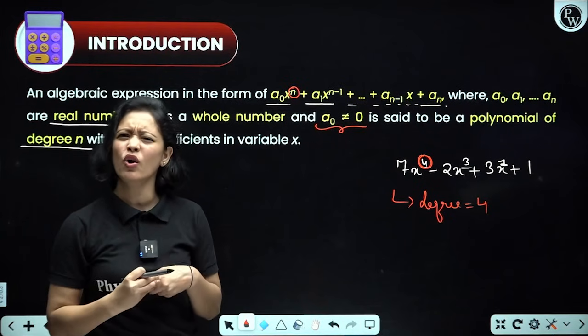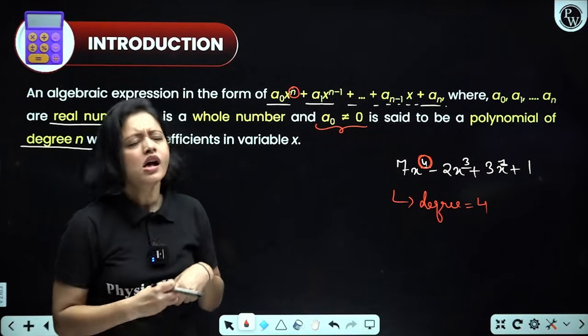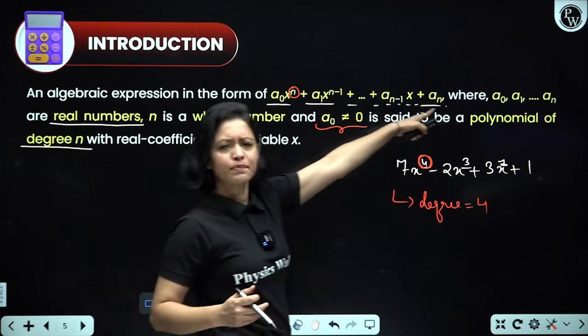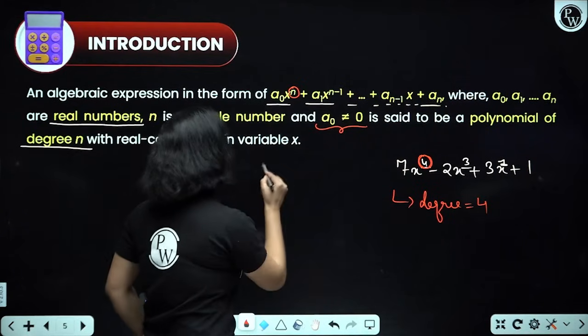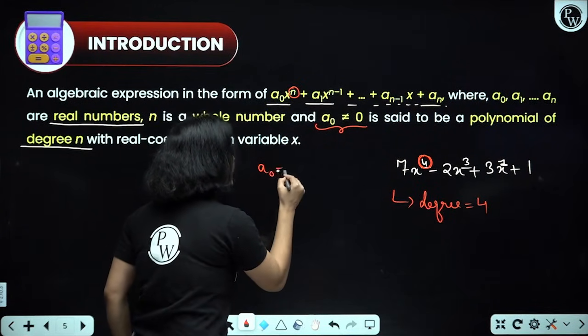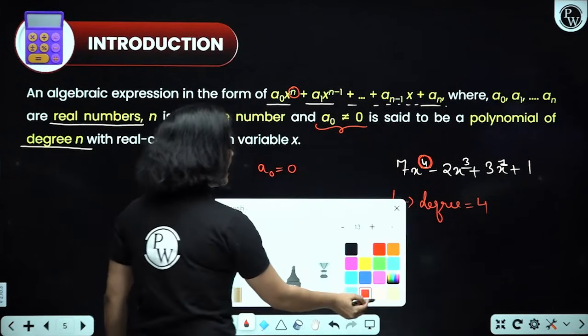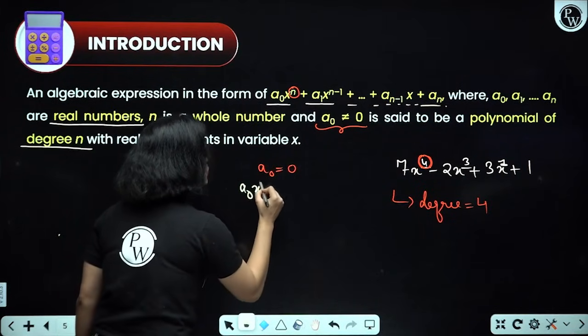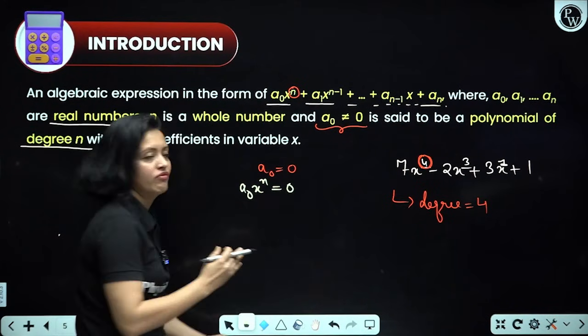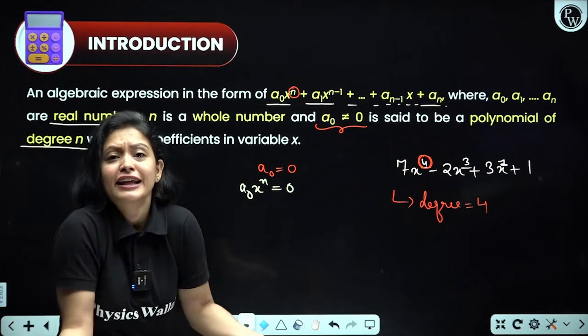Why can a0 not be equal to 0, everyone? So think about it. This entire thing is a polynomial with degree n. That means the highest power of the variable should be n, right? But if a0 becomes 0, then what will happen, everyone? Clearly a0 x raised to power n will become 0. Obviously, if a0 is 0, then 0 multiplied with anything is 0.